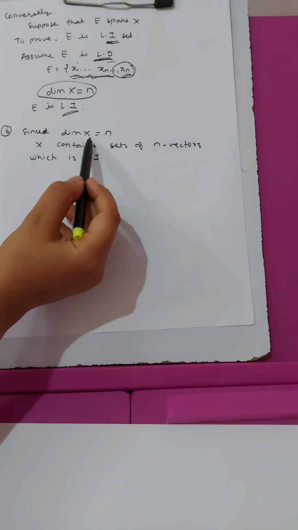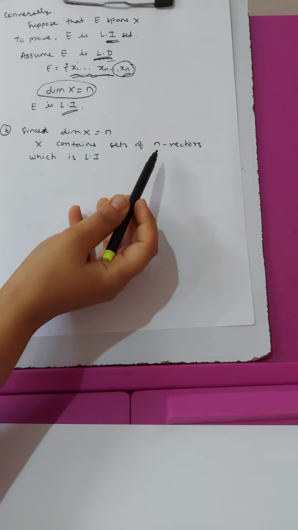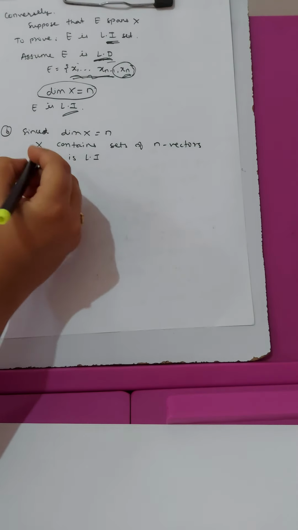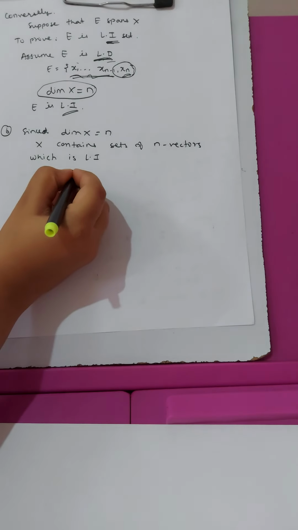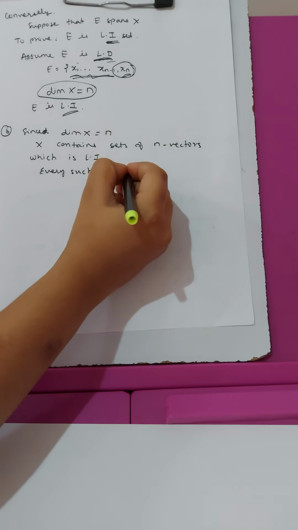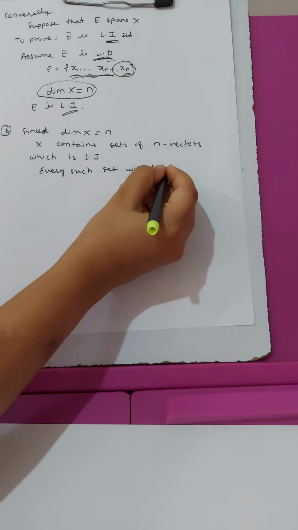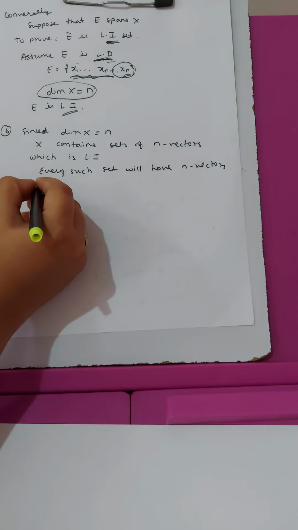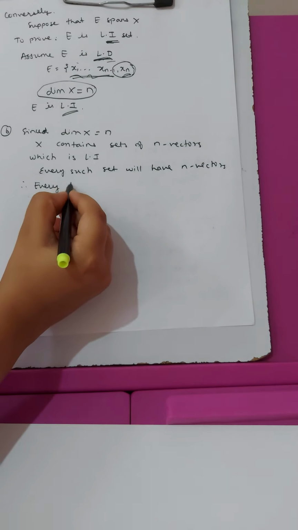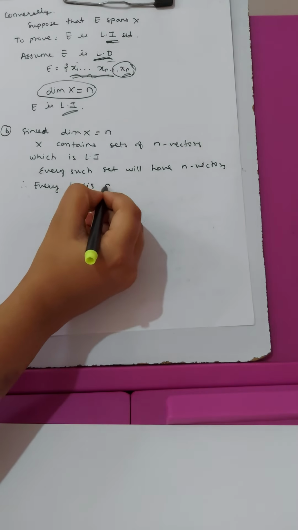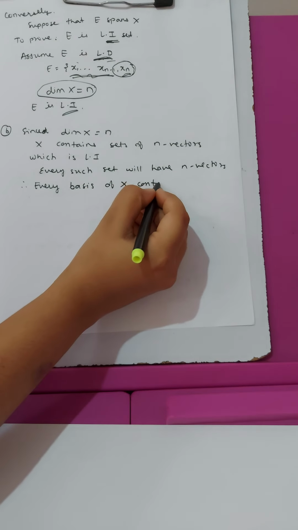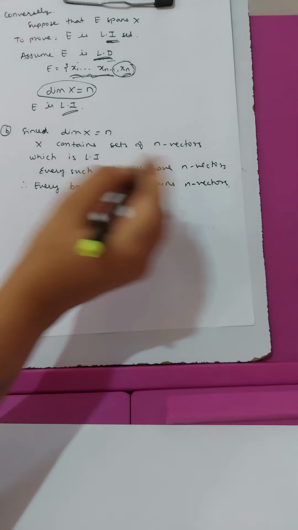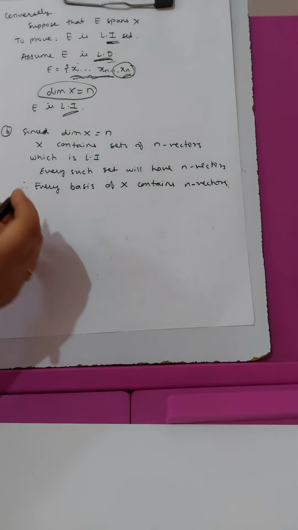As the dimension of X is n, X will contain sets of n vectors which are linearly independent, and every such set will have n vectors, and therefore we can say that every basis of X contains n vectors. Here the second condition is also proved.